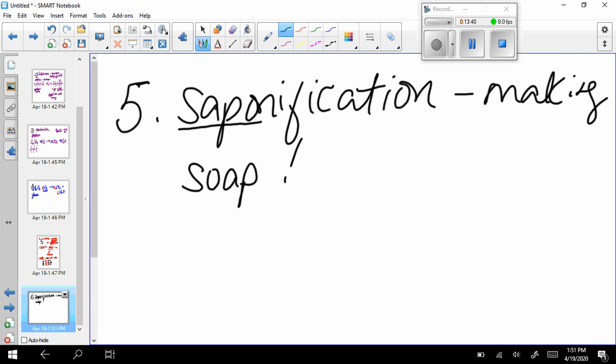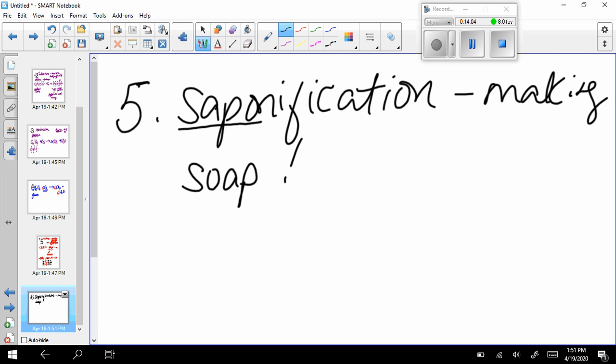Soap is a really important chemical process, because if you think of how much soap you use on a daily basis, you wash your hands, you wash your hair, you use conditioner, shampoo, maybe mousses and gels, you use bleach, laundry detergent, so many different cleaning products, maybe disinfectants for your counters.